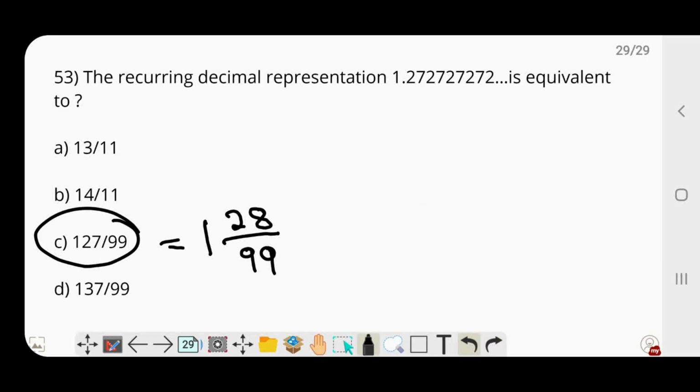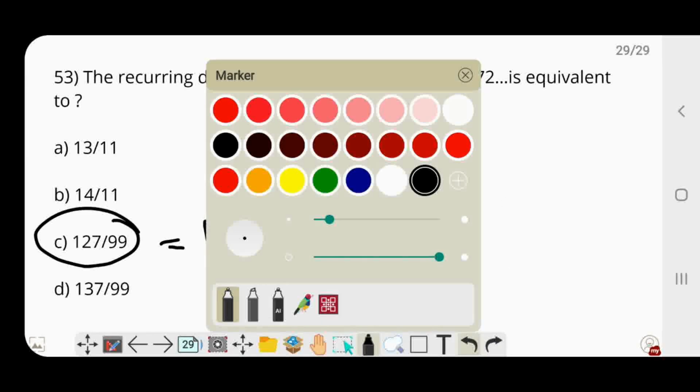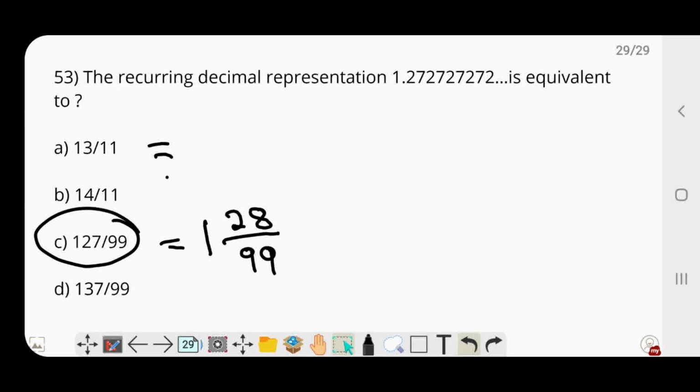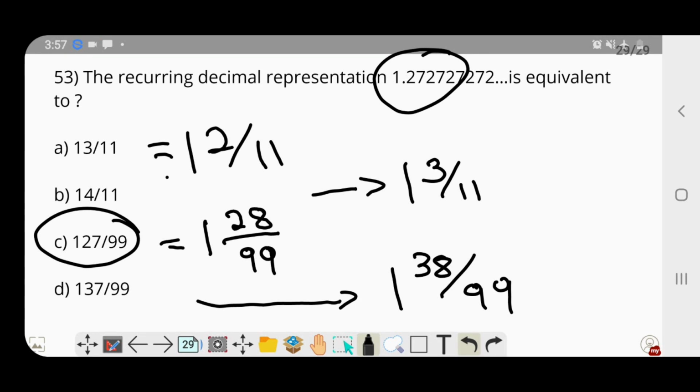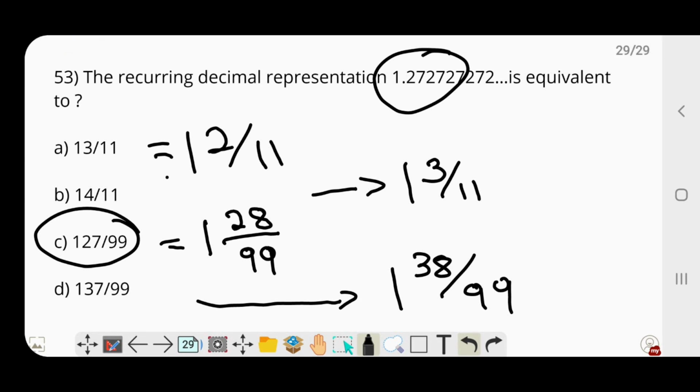So if you see the first option, it gives us something like 1 2 by 11. Second option gives us 1 3 by 11. Last option gives us 138 by 99. We have to get this number 1.27 something. 138 by 99 will give us something close to 1.38, so this can't be the answer.